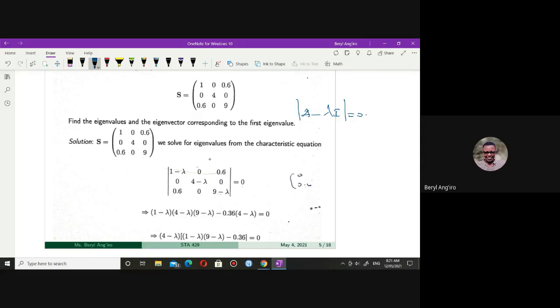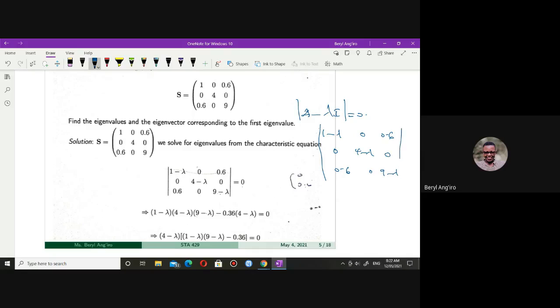This is the same as subtracting our lambda times the identity matrix from our A. S is our A in this case, so we have 1 minus lambda, 0, 0.6, then 0, 4 minus lambda, 0, then 0.6, 0, and 9 minus lambda.